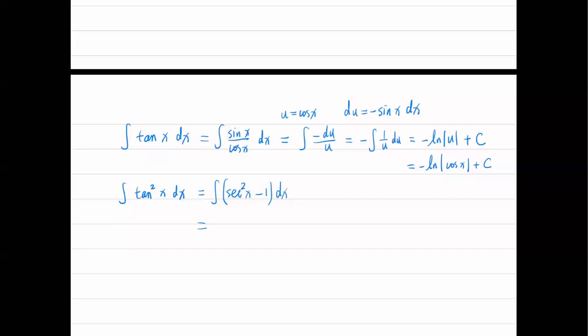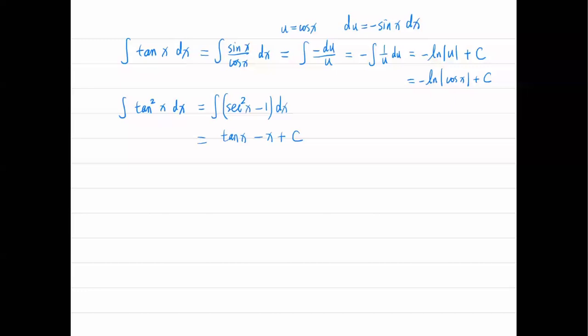So the integral of the difference will be the difference of the integrals. So now this will be tangent x. Oh no, tangent x minus x. Okay. Integral of the cube. So for this one, again, we will split the degree.